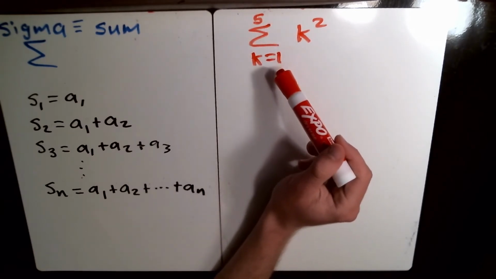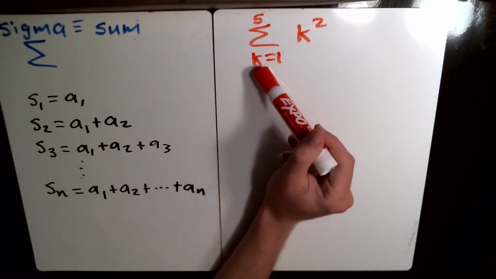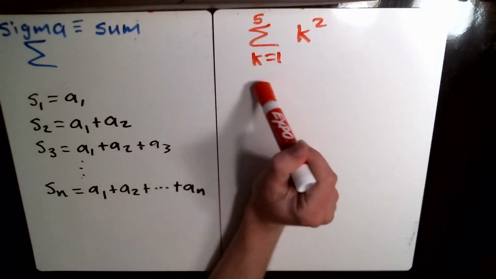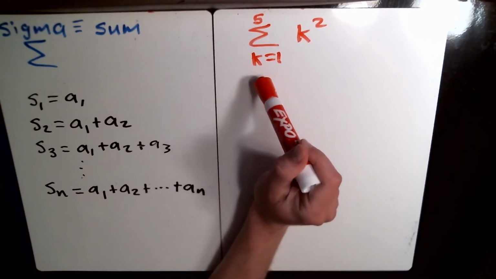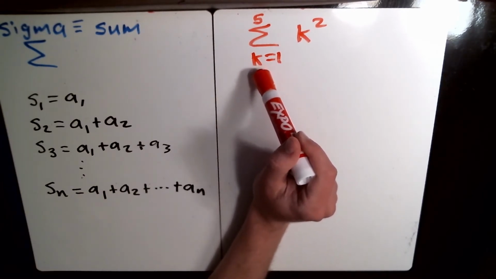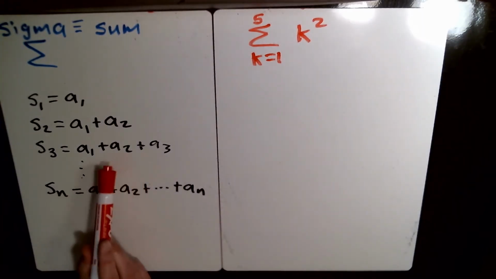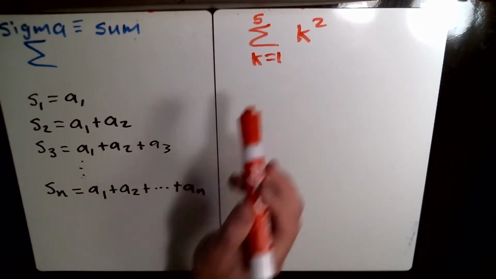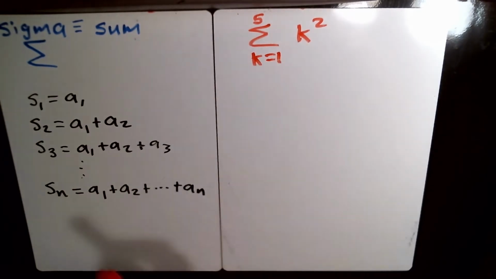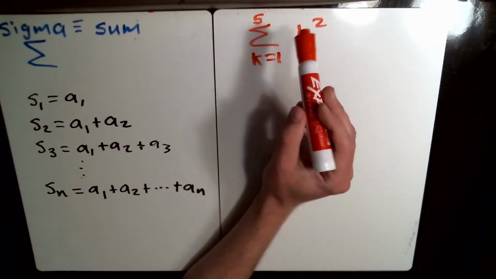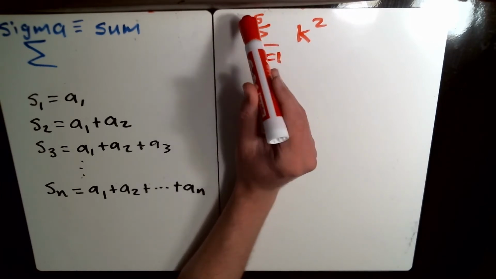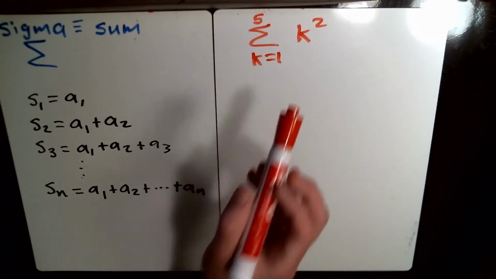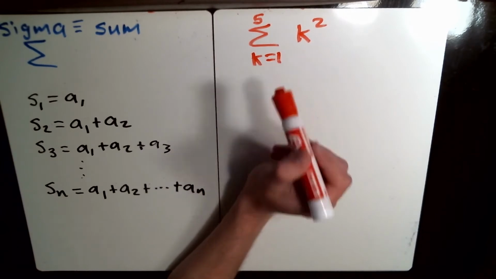You're summing over k, which appears below the sigma. That tells you this is the thing that you're summing over. It's like your n in this equation, where you're going from 1, 2, all the way up to n. So k is how many things you're summing up, and you're going from 1 to 5. The one at the bottom tells you where you start.